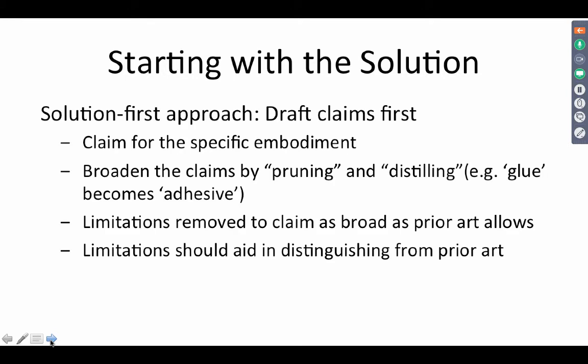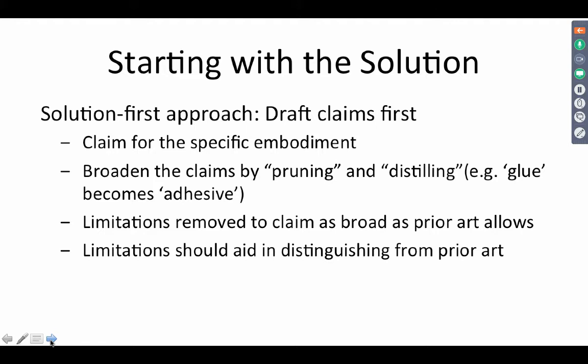Here you start with the solution, by which we mean you first draft the claim. In patent drafting, there are two broad approaches. One, you start with the claim first, you draft the claim, then you try to broaden it to cover and capture instances of prior art. You may look at each element in the claim, which, if it's a mechanical device, could be a mechanical part, and try to cover all the generalizations of that mechanical part.